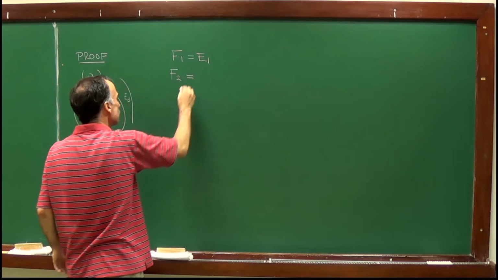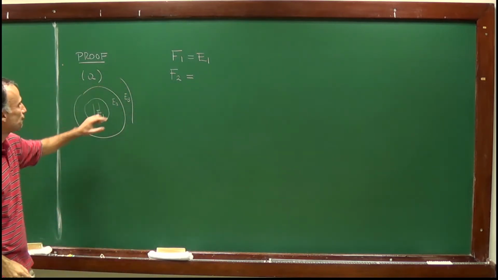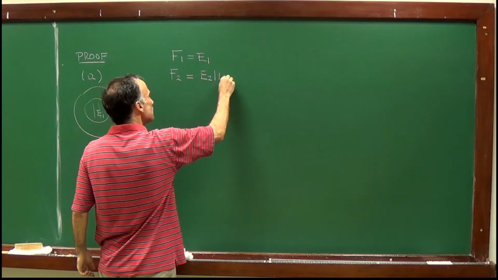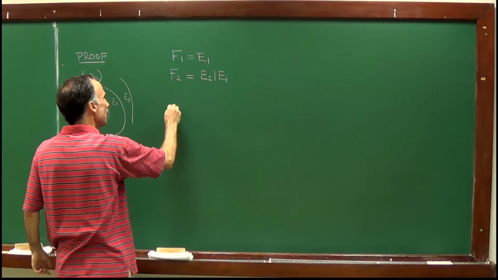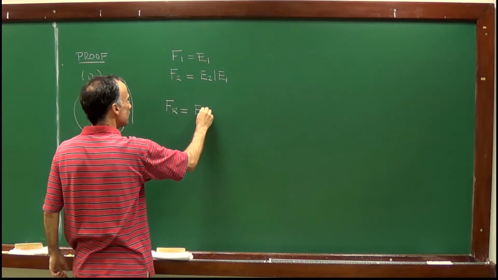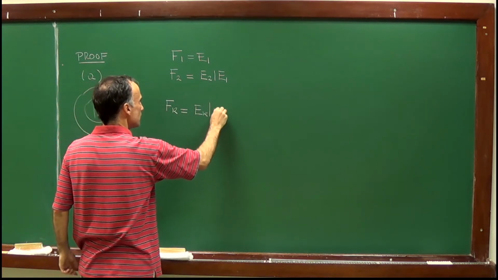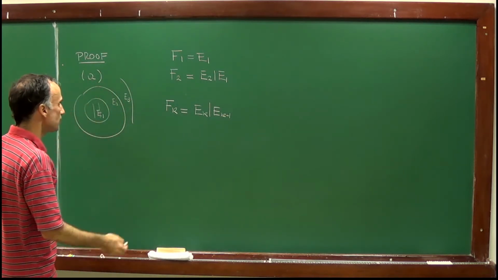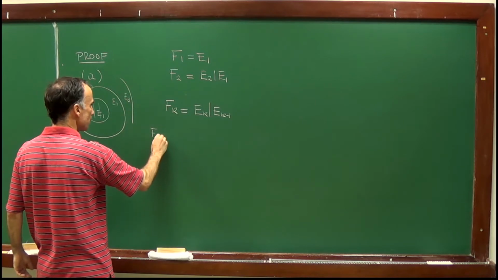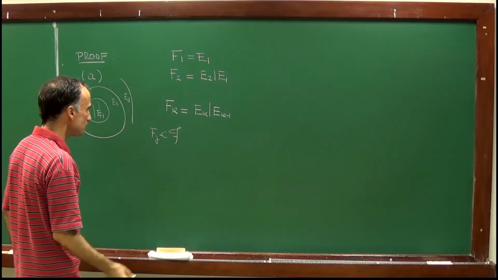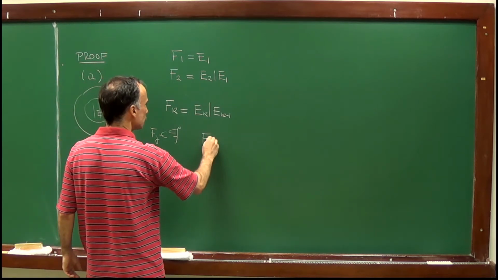F2 will be the annulus, which means that this is the set E2 minus E1. And in general, Fk will be the set Ek minus Ek minus 1. So now we have sets Fj, which belong to the sigma algebra, of course, and which are disjoint two by two.